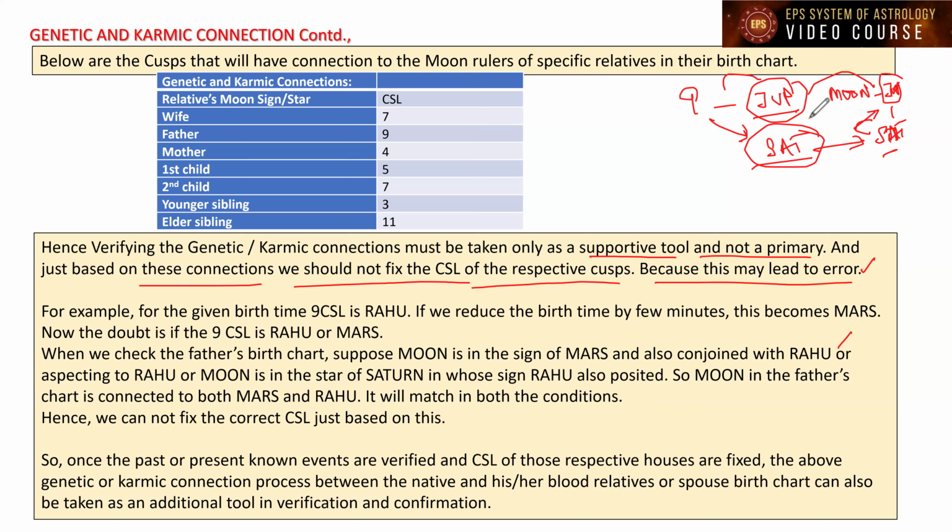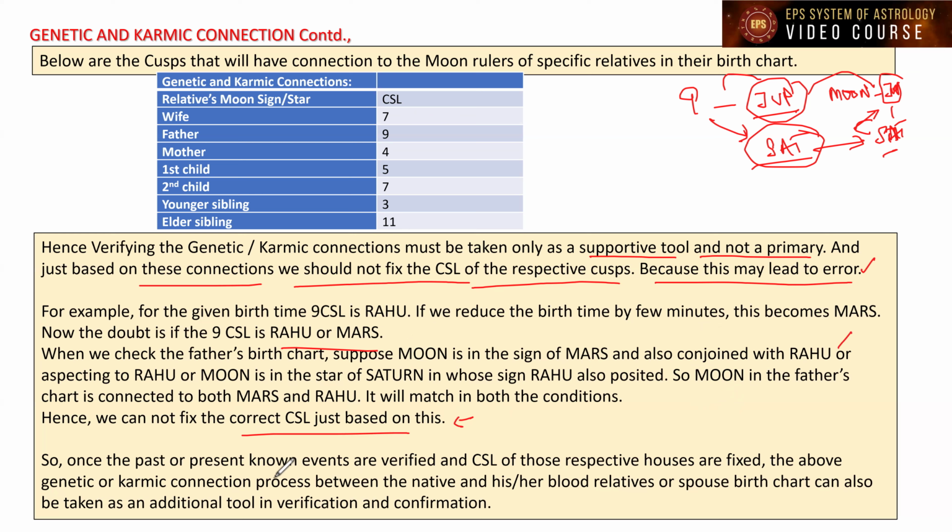Similarly, as I was saying, Jupiter and Saturn can both have connection to the father's moon, and here the consecutive sublords Mars and Rahu can also have connection to the moon's position. Because of that, we cannot say Rahu is better or Mars is better. Hence, we cannot fix the correct cuspal sublord just based on this.